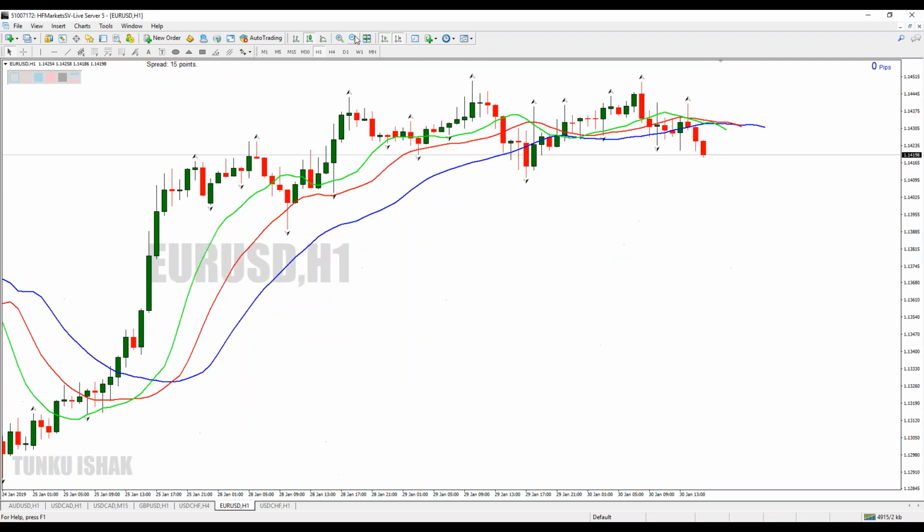Try to zoom out a little. What is happening now? Here, the current situation by 11 o'clock.